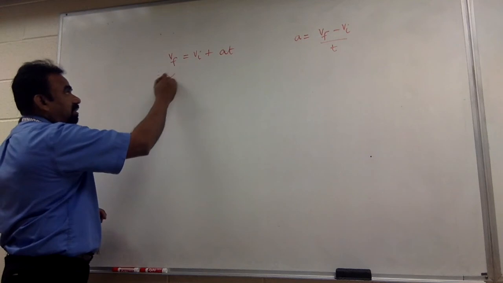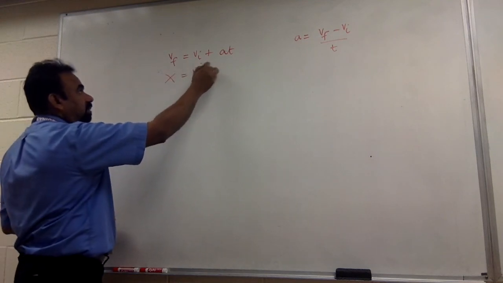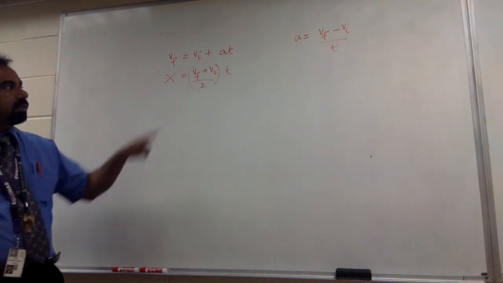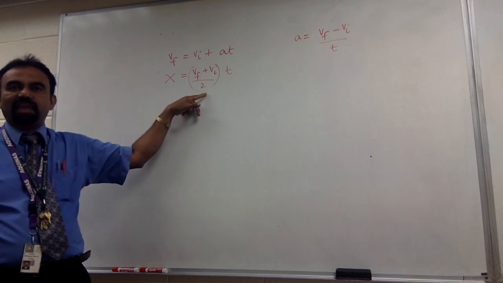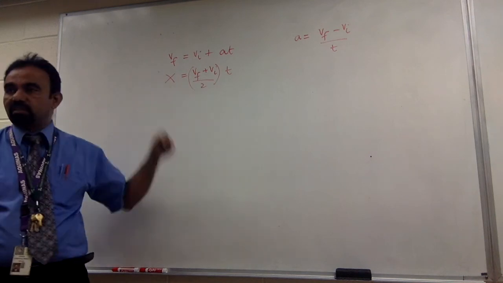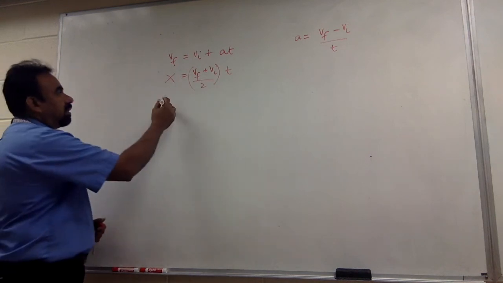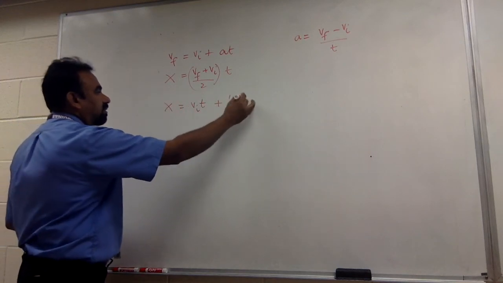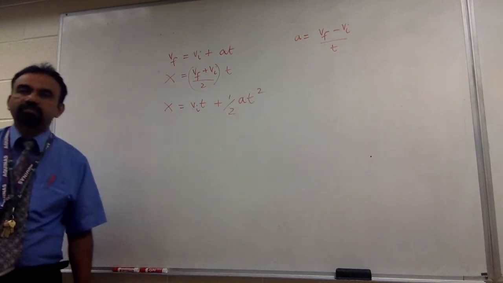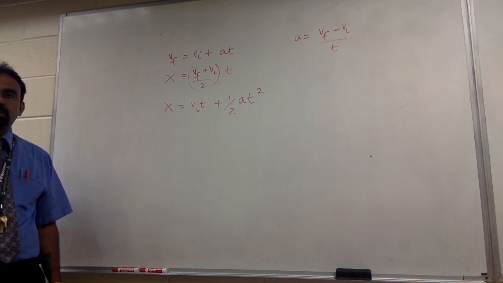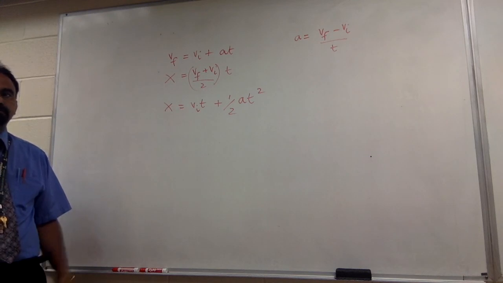Then we have the other equation. Displacement is equal to final velocity plus initial velocity over 2, times time. The bracketed part is called the average velocity. The average velocity times time is equal to displacement. That's our next equation. Then we also saw this equation: x is equal to Vi t plus half a t squared. These are the equations we'll use on the test.